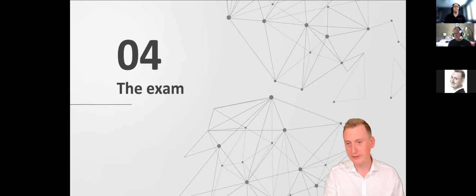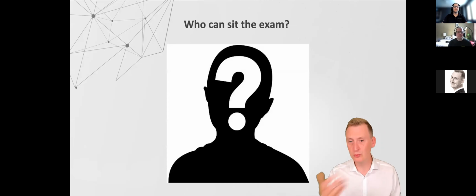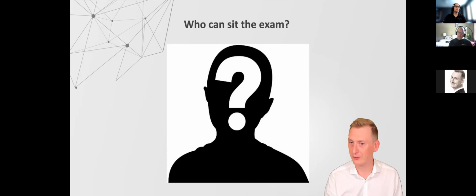Okay, so on this exam itself, who is it that can go and sit this? Well, obviously you could attend this architecture and design course, but could someone else also do it? In the past we had a course called VIM Certified Engineer Advanced Design and Optimization.